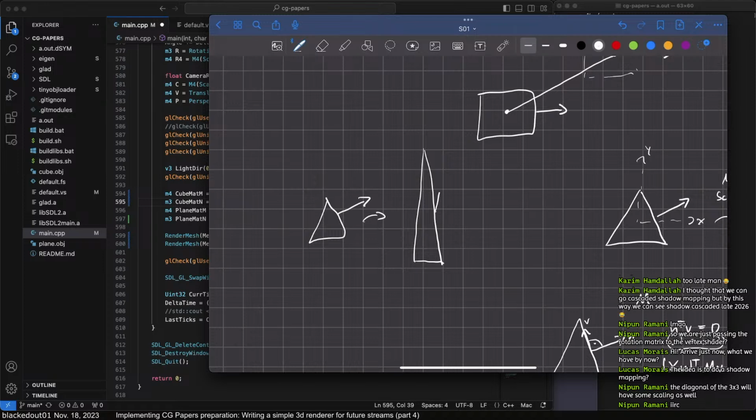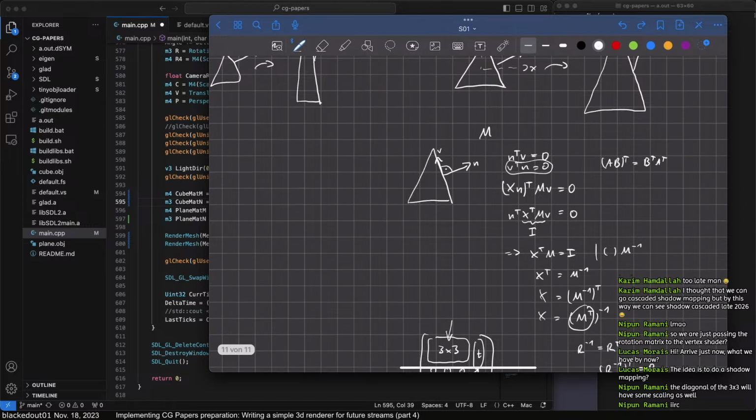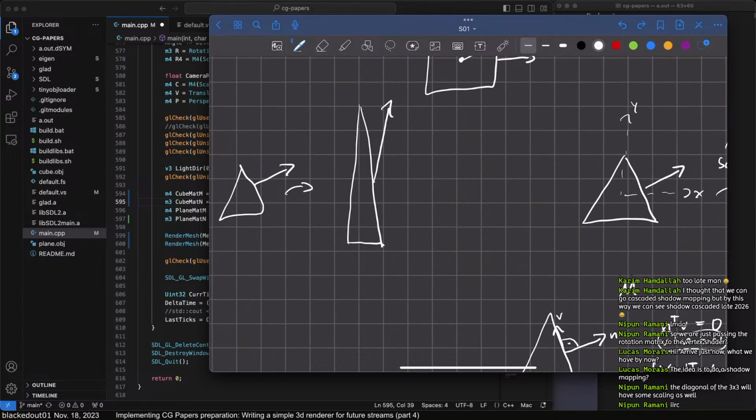The scaled, like the model matrix, would look like this. But the default normal vector is still incorrect because this is not 0. And this is why the inverse is here, if you want to have some kind of intuition for this. So instead of scaling it in this direction, which is, for example, a factor of 10, we would scale this by a factor of 1 over 10, and then the normal vector would point roughly in the correct direction.